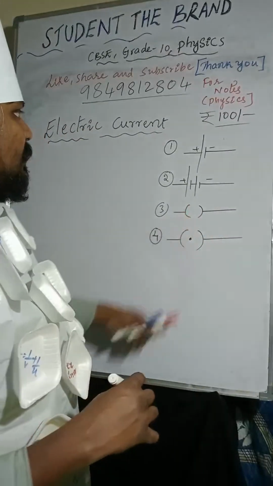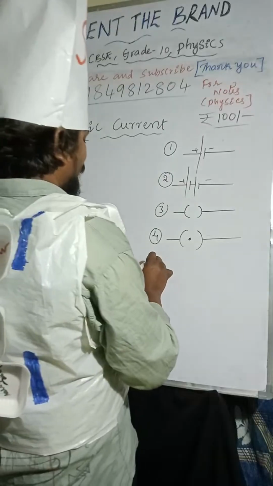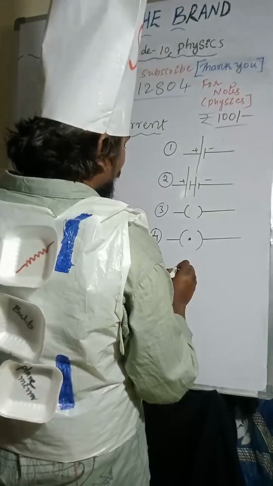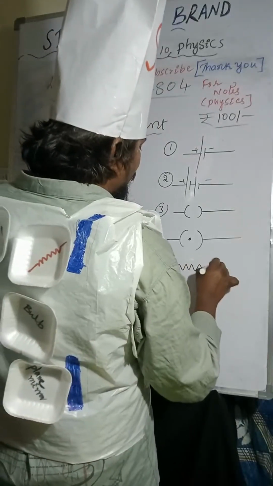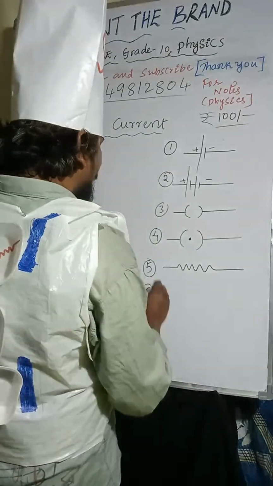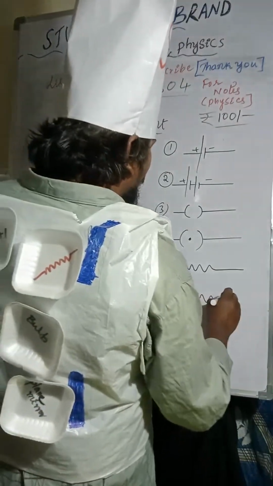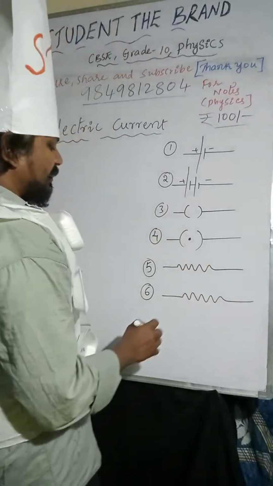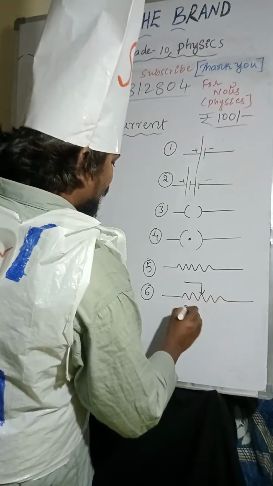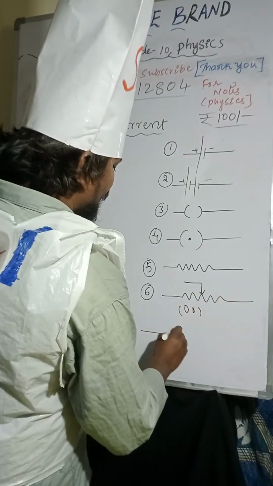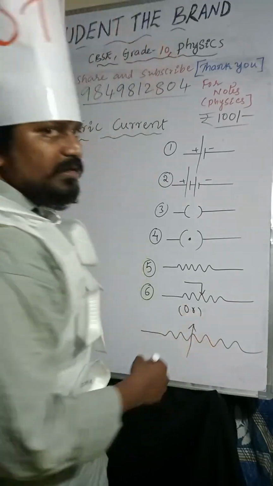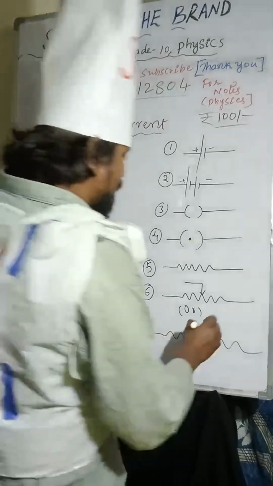The fifth one is the resistor, and the sixth one is the rheostat. A rheostat can be connected like this, or like here, or we can also take it like this. This is the rheostat.